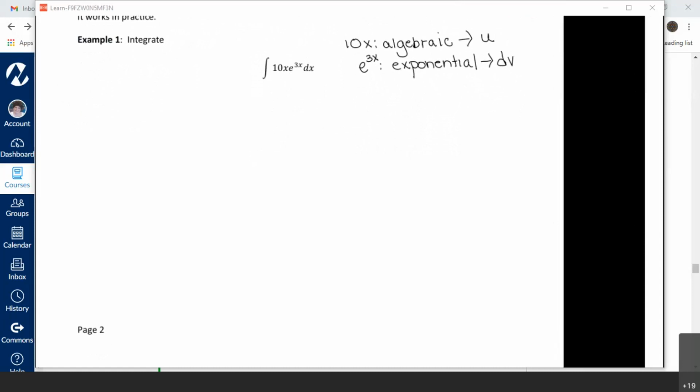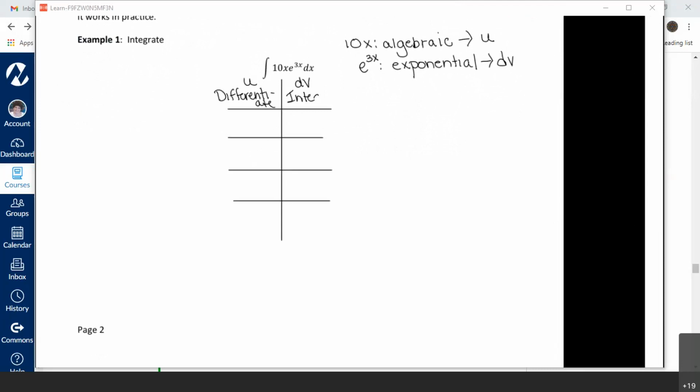So then we're going to build our table. I'm basically going to say, here's u, which I'm going to differentiate. And here's dv, which I'm going to integrate. Again, I encourage you to write the words differentiate and integrate until you're comfortable with it.